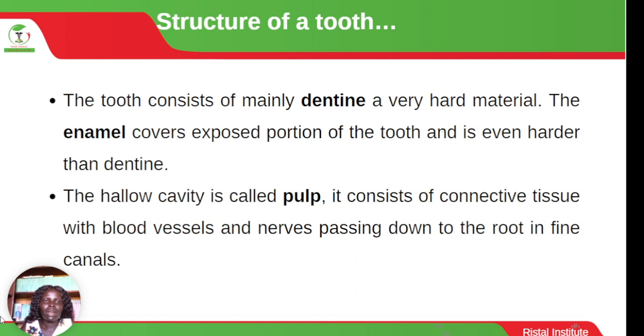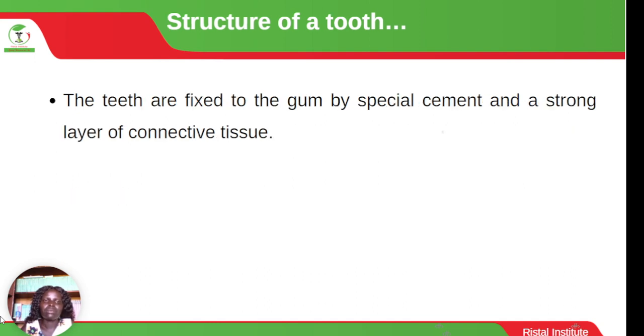The enamel covers the exposed portion of the tooth and is even harder than the dentine. The hollow cavity is called the pulp. It consists of connective tissue with the blood vessels and the nerves passing down to the root in fine canals. The teeth are fixed to the gum by special cement and a strong layer of connective tissue.